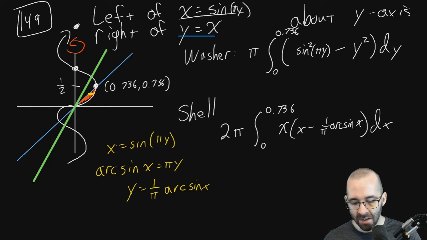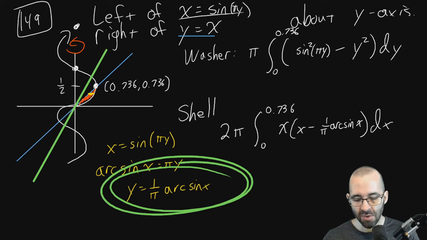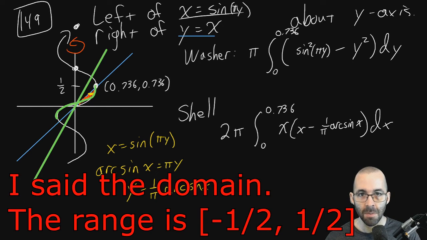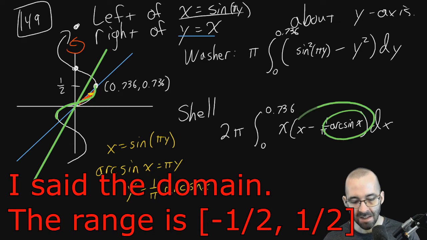Now, what do we know about arc sine? Because I'm saying this is true, but it's not. Arc sine only looks like this. The range of arc sine is just from negative pi over 2 to pi over 2. So this doesn't even make sense.